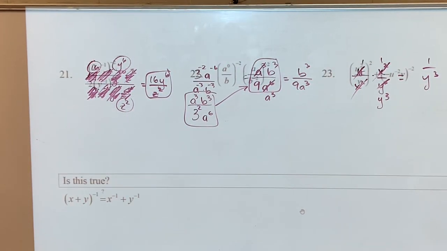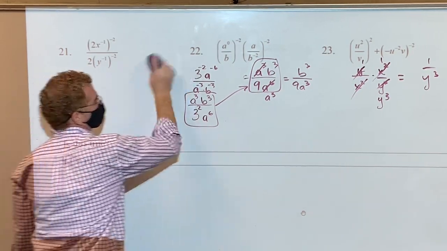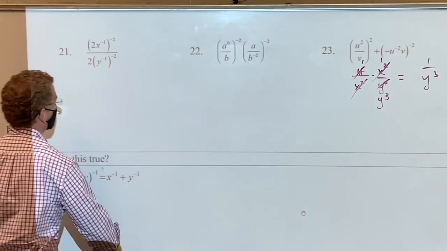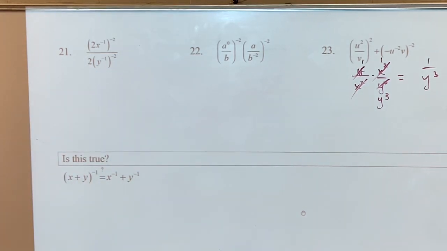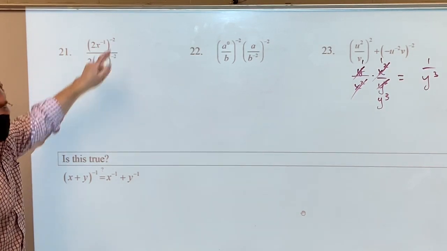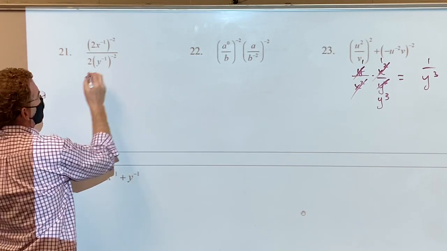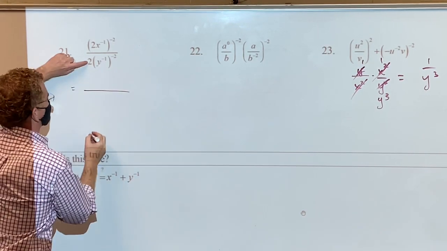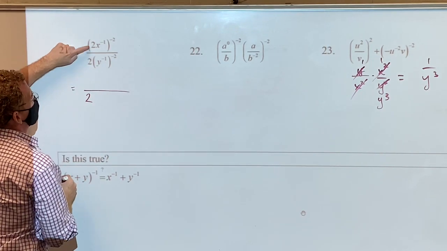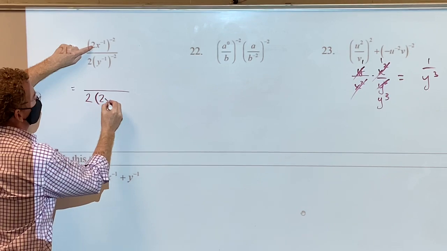All right, what about 21? So what's in parentheses? All of that is being raised to the negative 2. So if I want, but this 2 is okay, right? Nothing wrong with that 2. So one thing I could do is leave this 2 where it is, and I could take that whole thing right there, move it to the bottom.